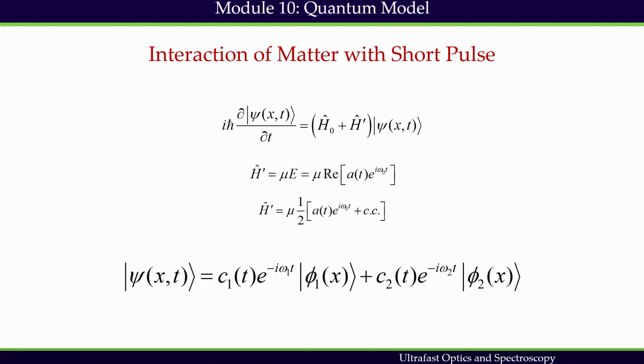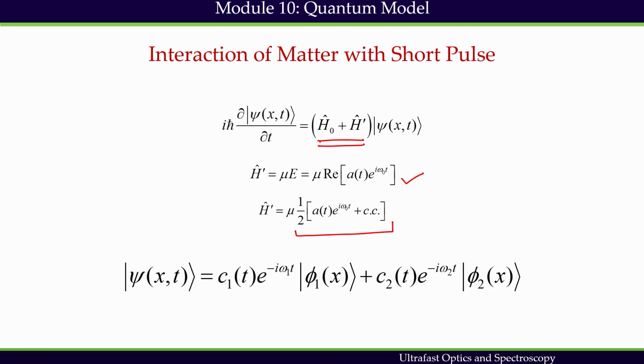Now, the task is as follows: we have to insert that perturbed Hamiltonian into the time dependent Schrodinger equation, and as I mentioned before, this is the real part of the electric field, and that has been represented in terms of its complex conjugate as well.